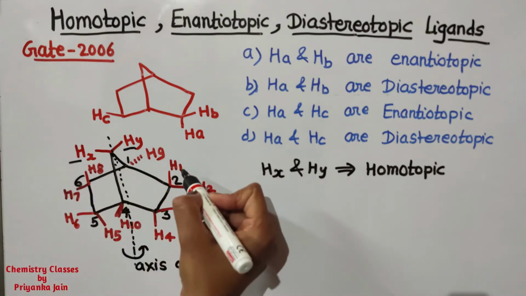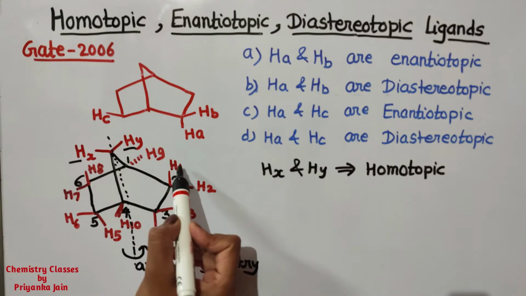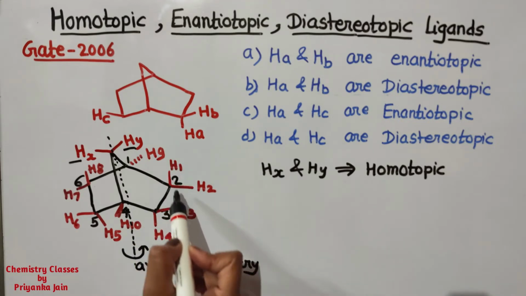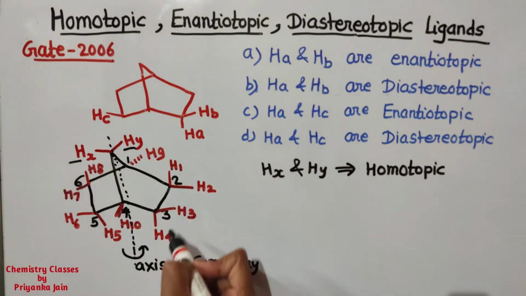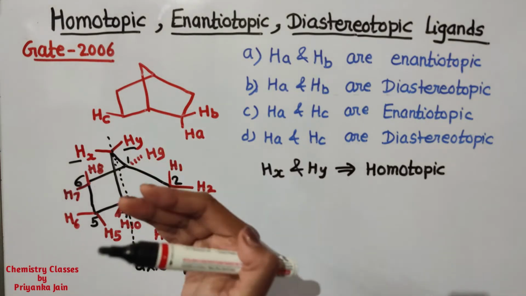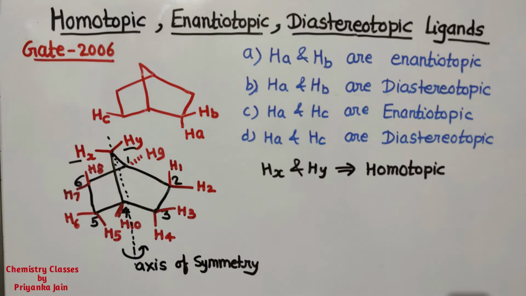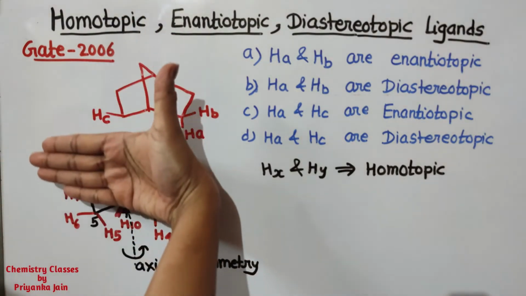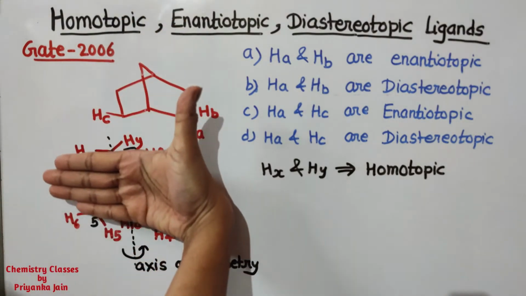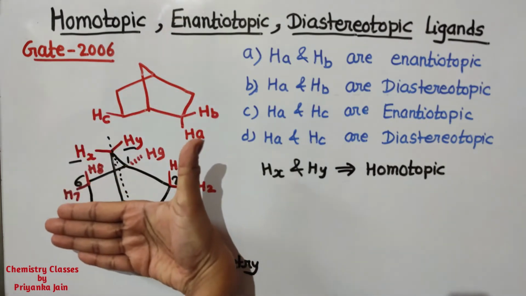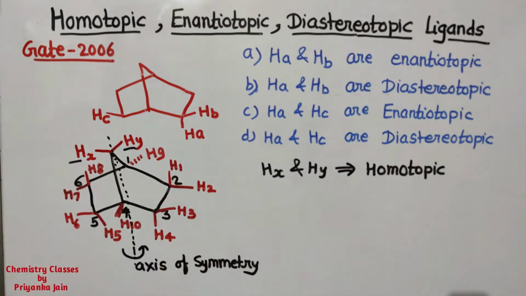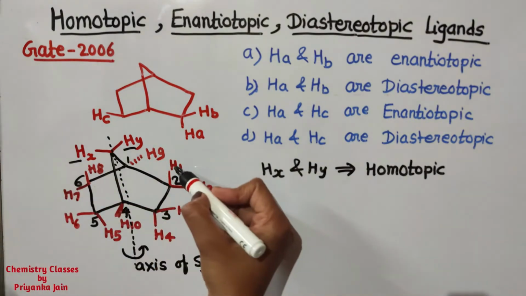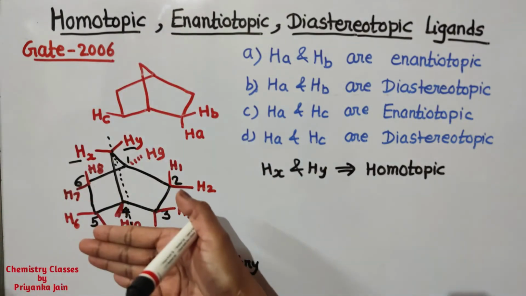Now look at these hydrogen atoms. This one and this one are enantiotopic. Why are these enantiotopic? Firstly, they are cis to each other, and whenever they are cis they will be enantiotopic. Secondly, there is a plane of symmetry passing vertically through the center of this molecule, so this hydrogen and this hydrogen reflect each other.